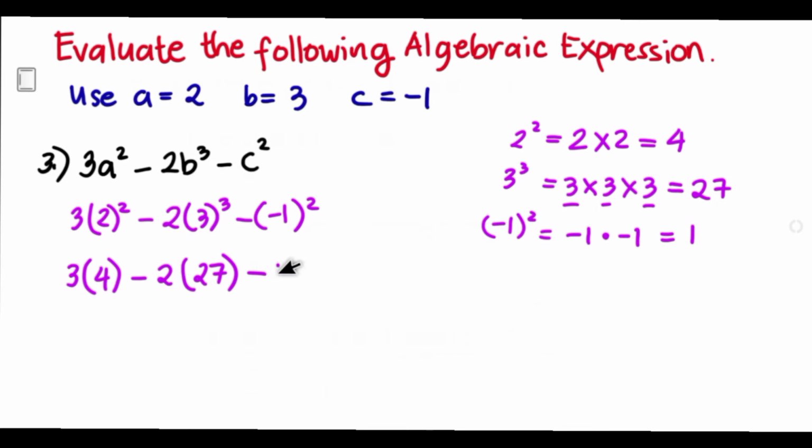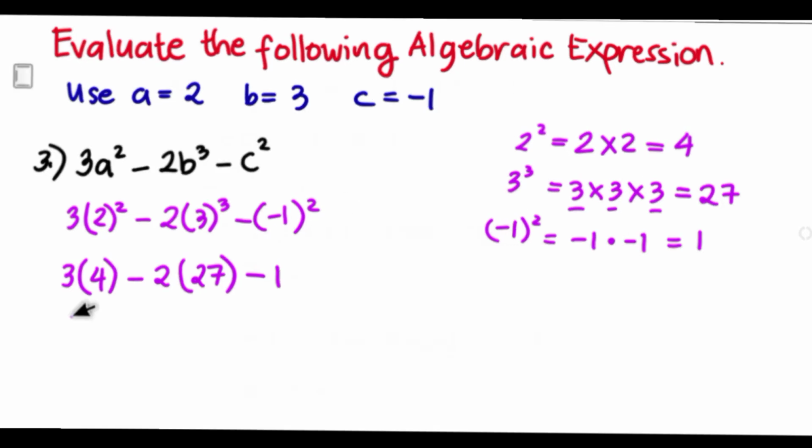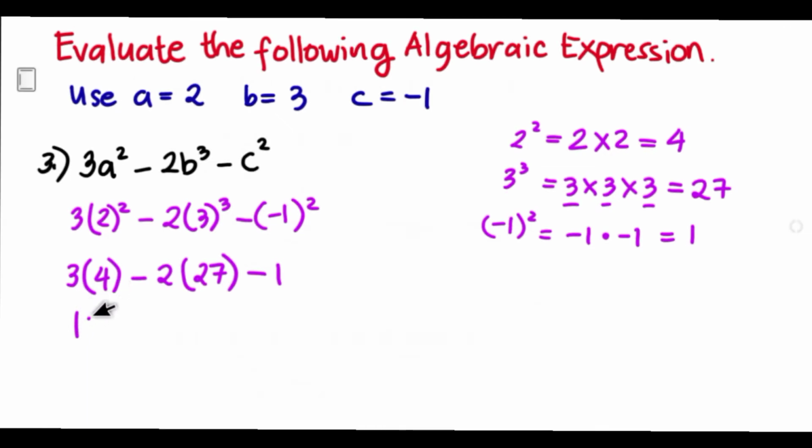So, minus 1. Yan. So, minus, and then, ang sagot sa negative 1 squared ay 1. Moving on, ang sagot sa 3 times 4 ay 12. Minus 2 times 27 is 54. Minus 1.